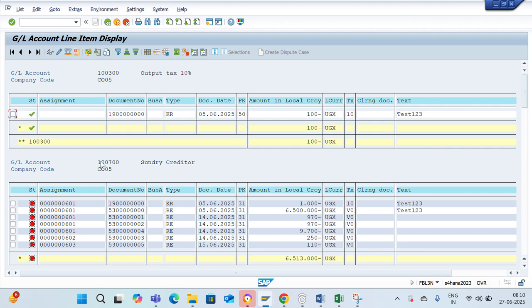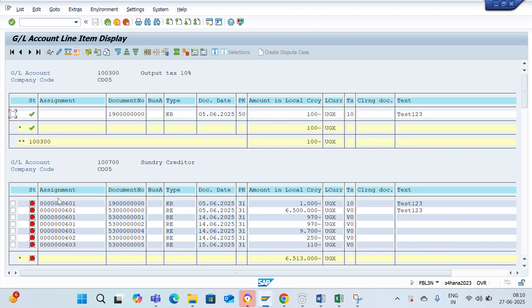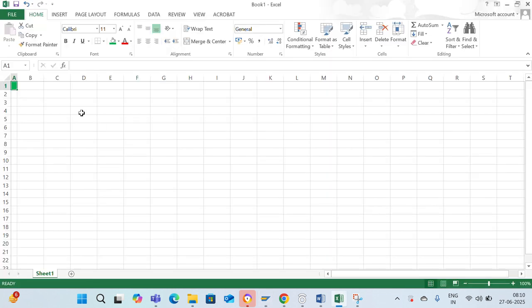So you can see the GL account 100/700 in company code CO05 has these many postings, and all those postings have the status open. That means they are initially recorded only and they are not cleared. Once they are cleared, this red status changes into this kind of symbol, a green square.